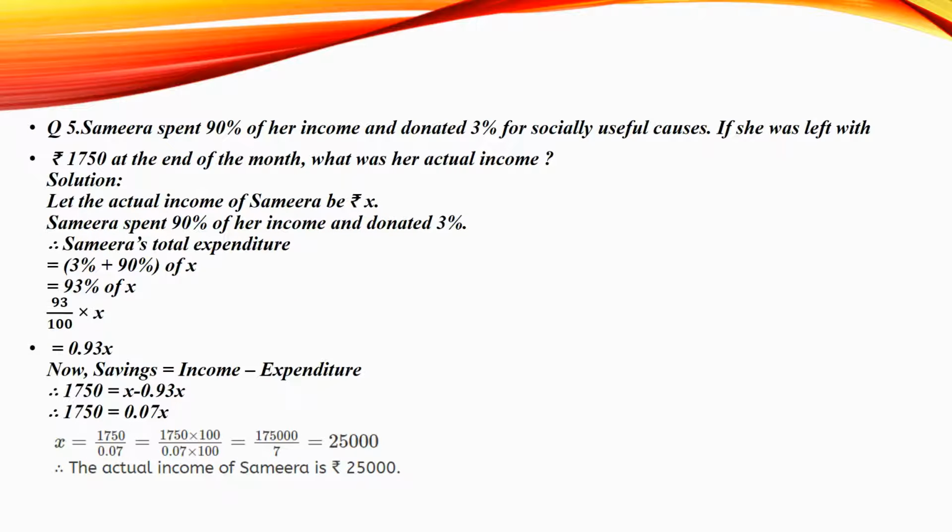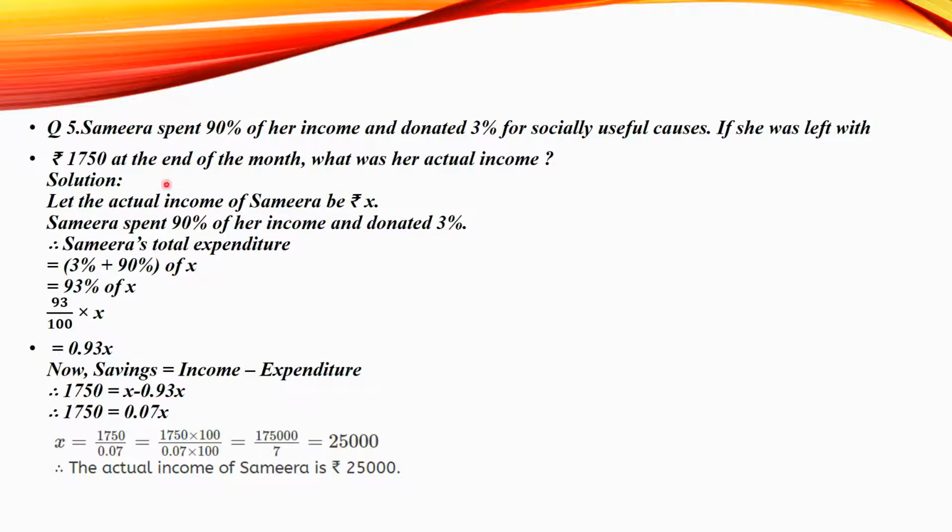Now, question number 5. Samira spent 90% of her income and donated 3% for socially useful causes. If she was left with rupees 1,750 at the end of the month, what was her actual income?